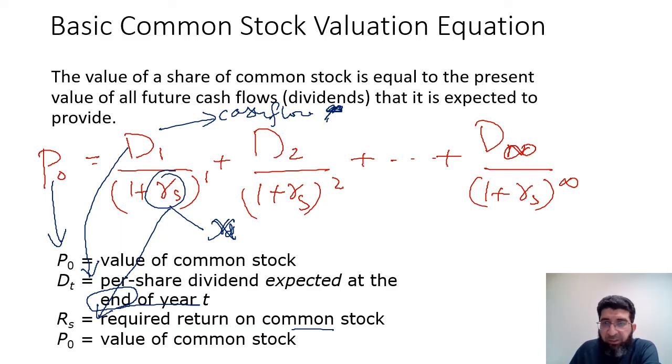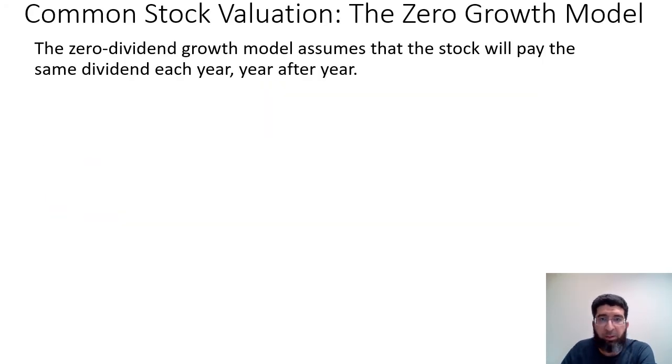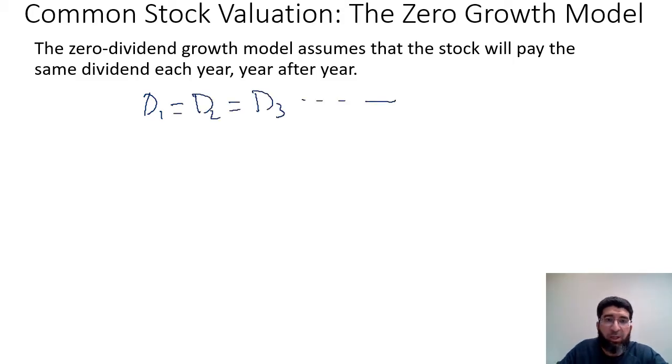So let's look at an example. The zero dividend growth model assumes that the stock will pay the same dividend year after year. So in this case, we have D1 equals D2 equals D3 and so on. This means we have a constant D, and that first dividend will remain the same forever.